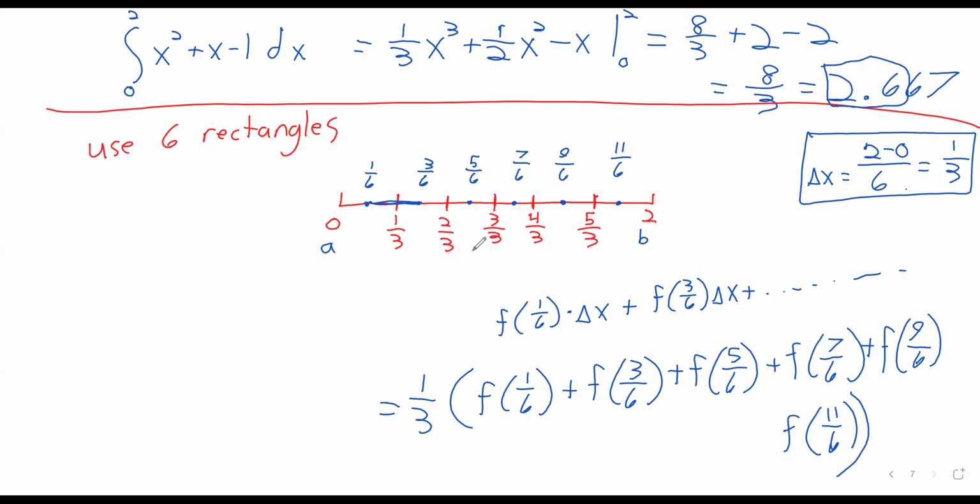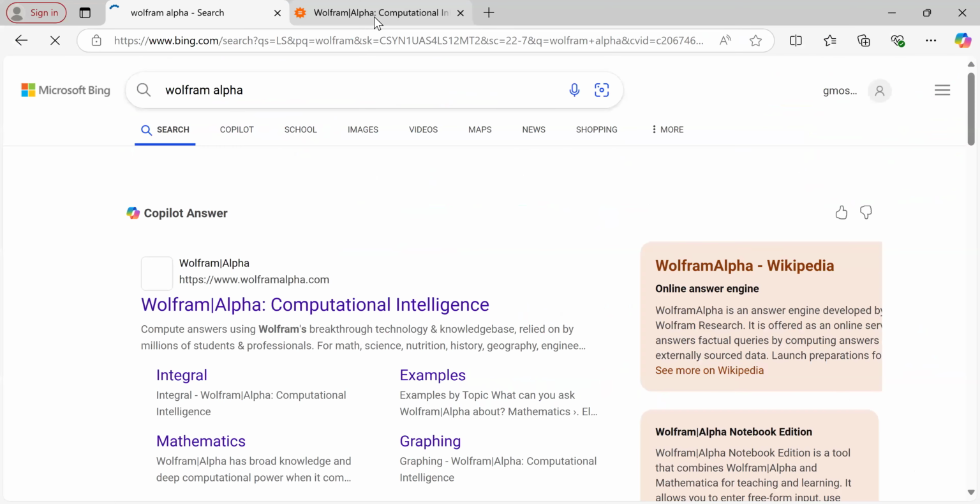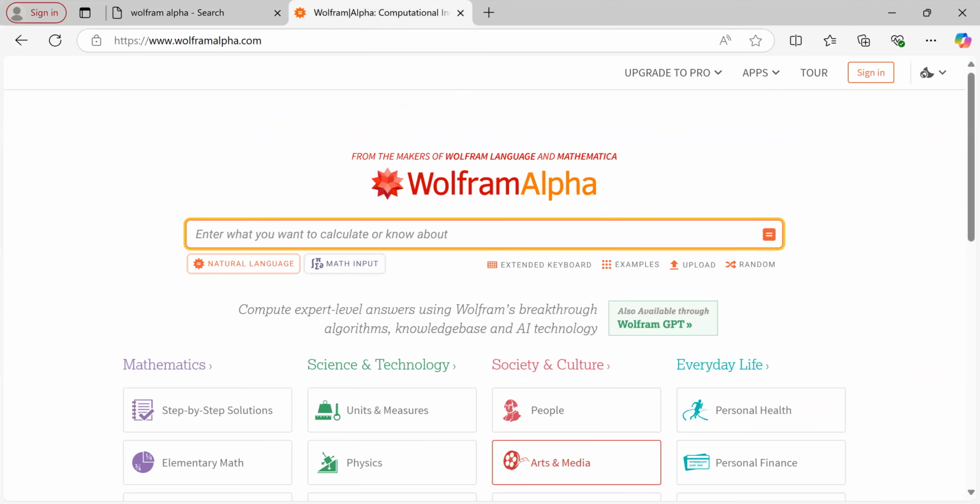And of course, because we're doing this by hand, we were sort of limited in the number of rectangles we could use.